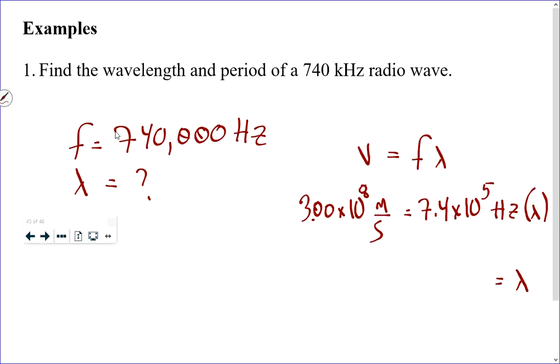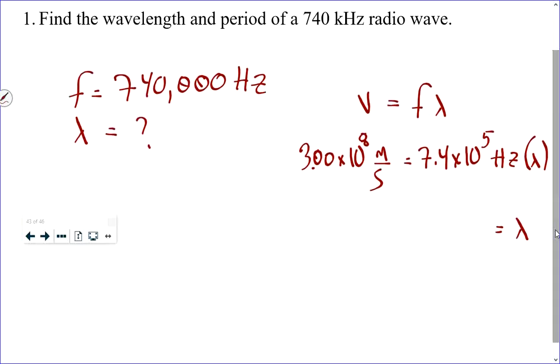Now, the wavelength will be in meters because a hertz is a per second. So we're going to have to take 3 times 10 to the 8 meters per second divided by 7.4 times 10 to the 5 per second.